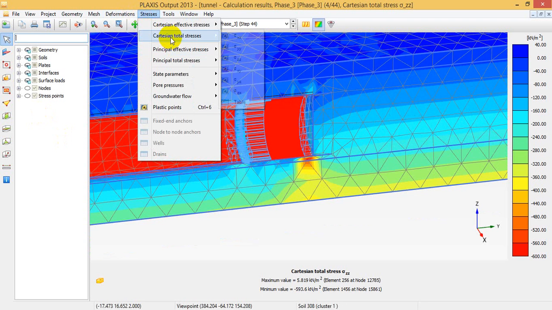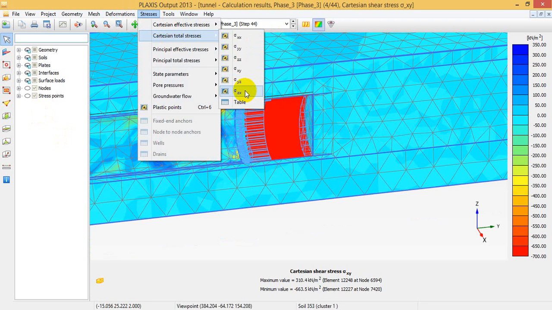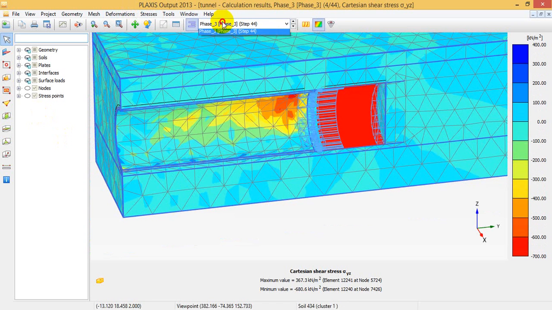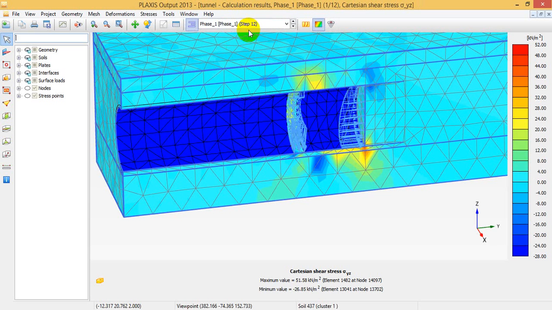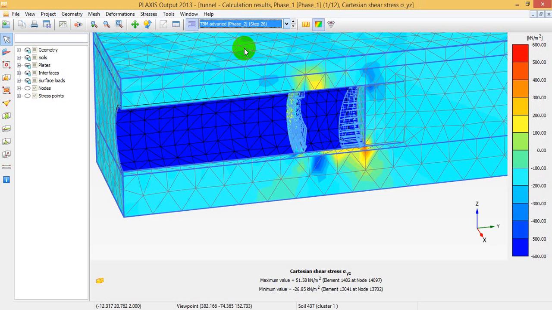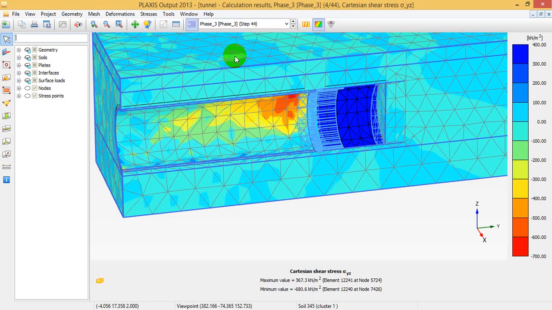Alright, so for total displacement, for total stresses, you can also see what's happening for sigma xy, sigma yz. So for sigma yz, this is the transfer of stresses along the second phase, and this is the third phase.